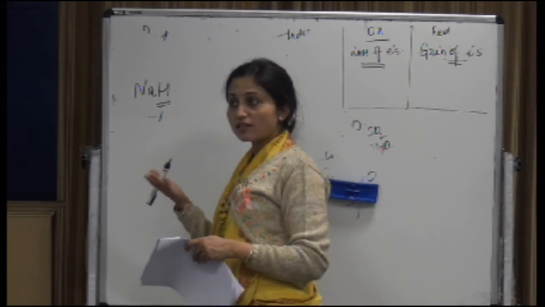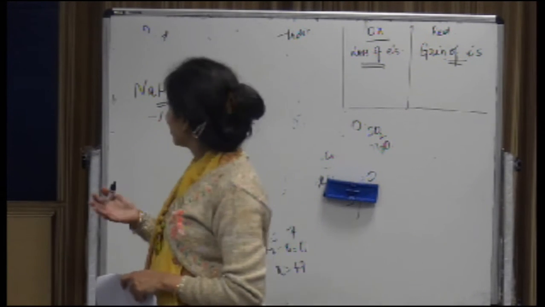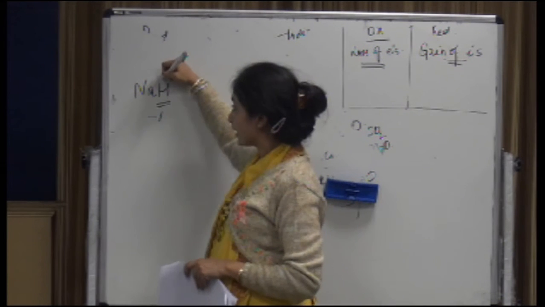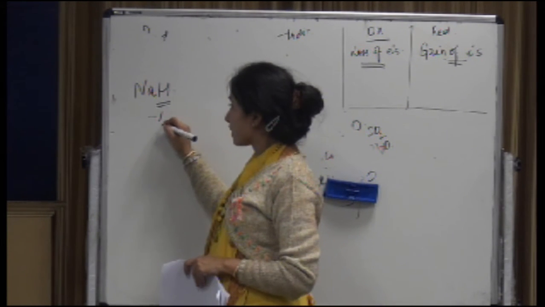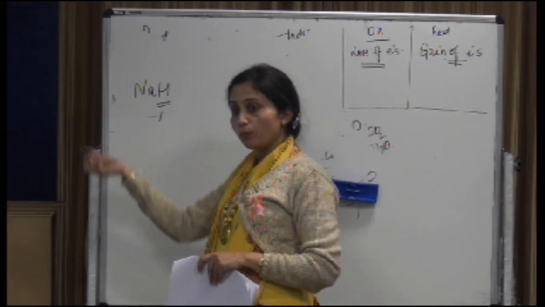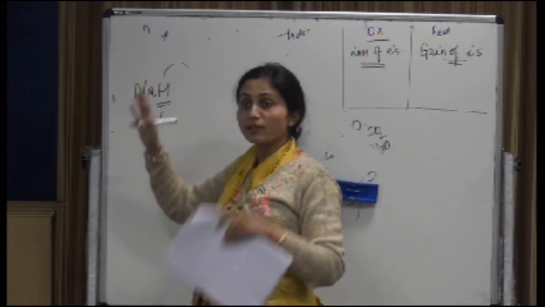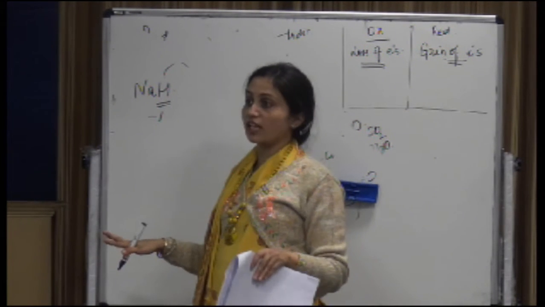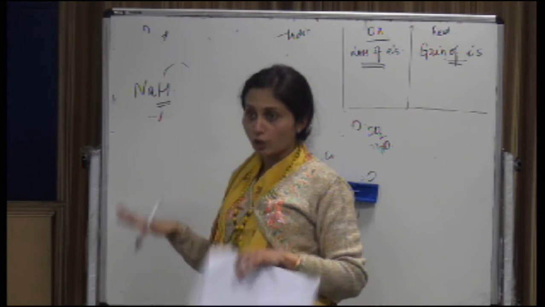We had written some set of rules for deciding on the oxidation numbers last time. So here, because this is hydride, it will have an oxidation state of -1, and if this is -1, it will have full chances of going to either 0 or to +1. So here it has chances of oxidizing itself, means it will act as a reducing agent, because if it can oxidize itself, then it can reduce others.